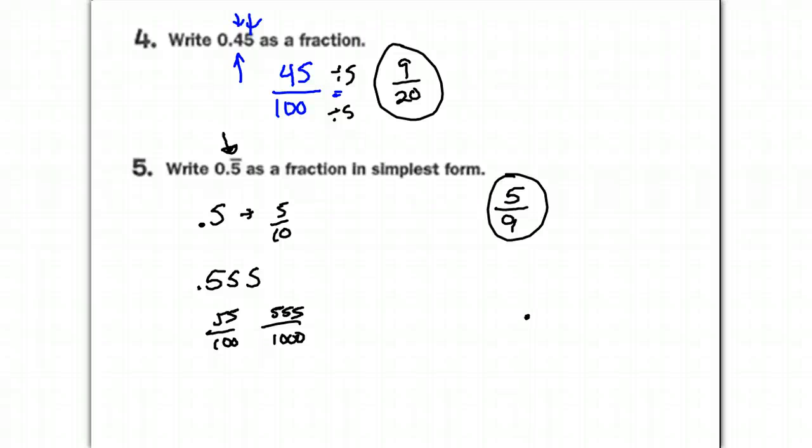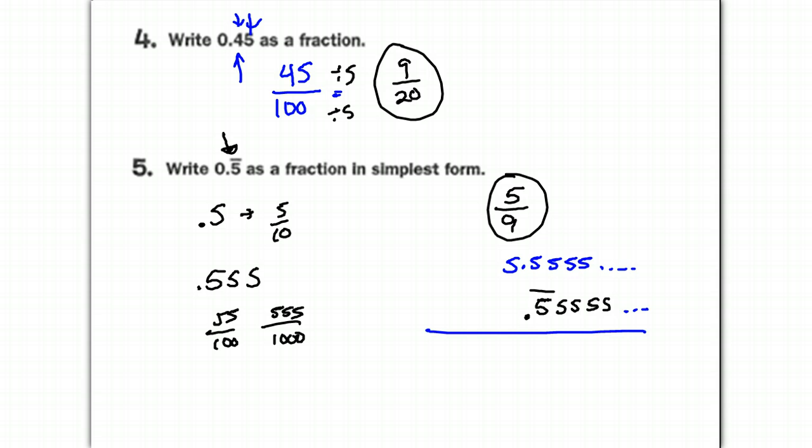Right now I'll go ahead and show you real quick how that works. 0.5 repeating, that 5 is going to keep going on forever. If you take that 0.5 repeating and multiply it by 10, moving the decimal over once, it becomes 5.5 repeating. So the 5s are just going to keep going on. And what we can do is subtract these.